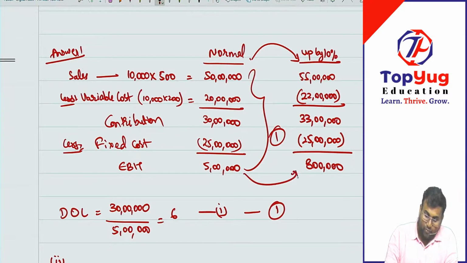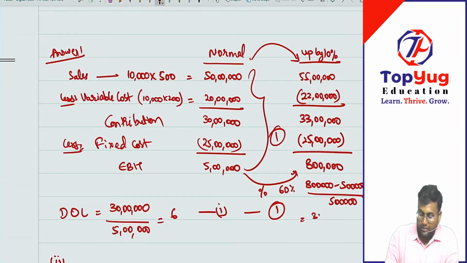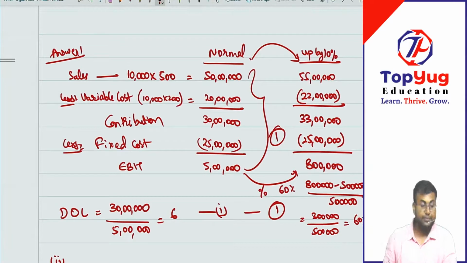Can you please tell me how much is the percentage change? 60% change. How? Change is 8 lakhs minus 5 lakhs divided by again 5 lakhs. So that would be nothing but 3 lakhs divided by 5 lakhs, change by base. Sensitivity analysis, change by base. 60%. Are we all good?